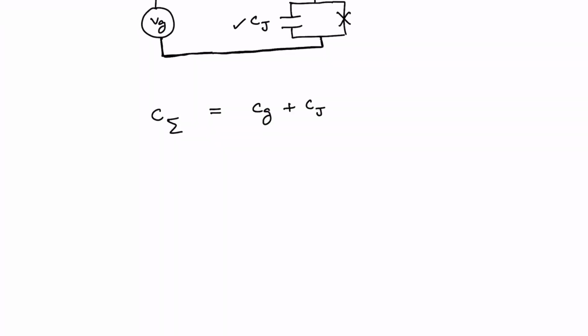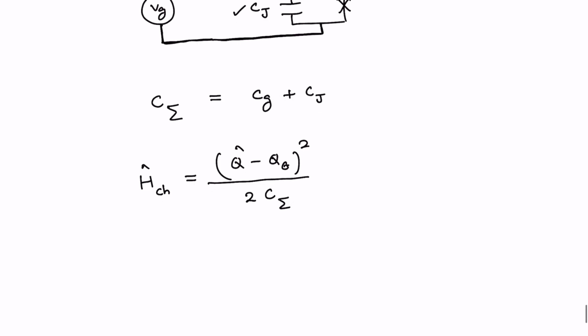Then the charging energy can be written as H_CH equal to (Q minus Qg) whole square divided by twice the capacitance C sum. You are pretty familiar with this form. The only difference is that earlier we wrote simply C instead of this more appropriate equivalent capacitance C sum.